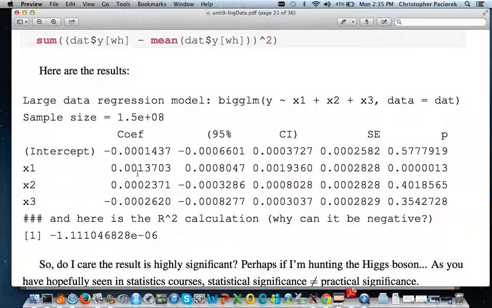I only did the calculation on some subset of these observations. So any thoughts about why I could get an R squared of less than 0? What does it mean if I get an R squared that's less than 0? What does it mean about the fitted line compared to having a slope of 0?